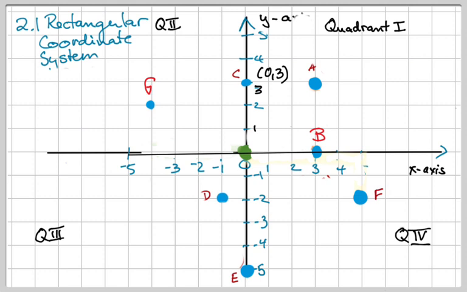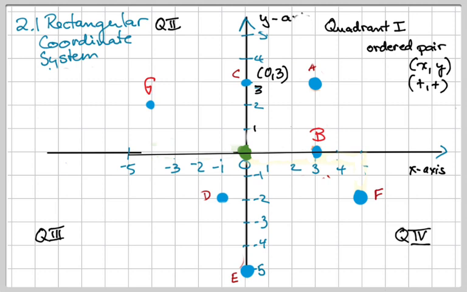Now, in quadrant 1, what we're really trying to plot is what is called an ordered pair. An ordered pair consists of an x-coordinate and a y-coordinate. So we have an ordered pair, x and y. In quadrant 1, this ordered pair has both positive signs.